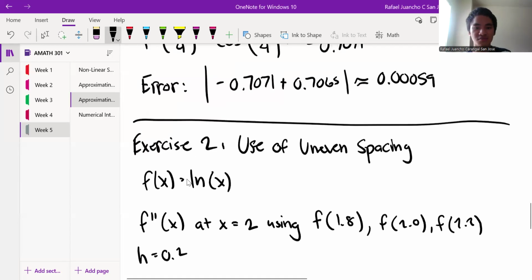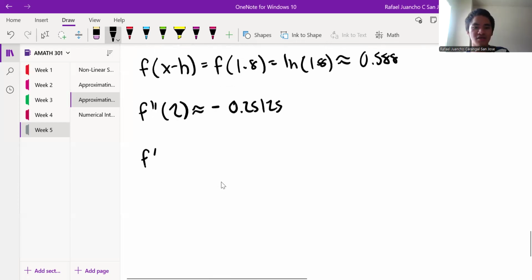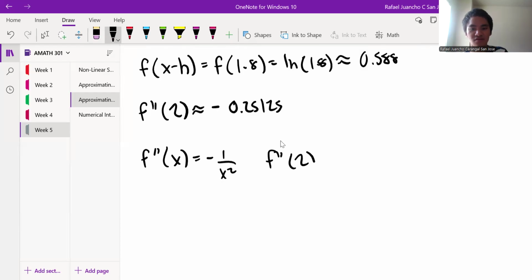And then if we want the exact derivative, well, it's just getting the derivative of this thing. So if we want to get the exact, well, we get 1 over x squared. I think there is a minus there, if I'm not mistaken. And then this will give me, so at f double prime 2, it's going to give me that value, so minus 1/4, which is negative 0.25.